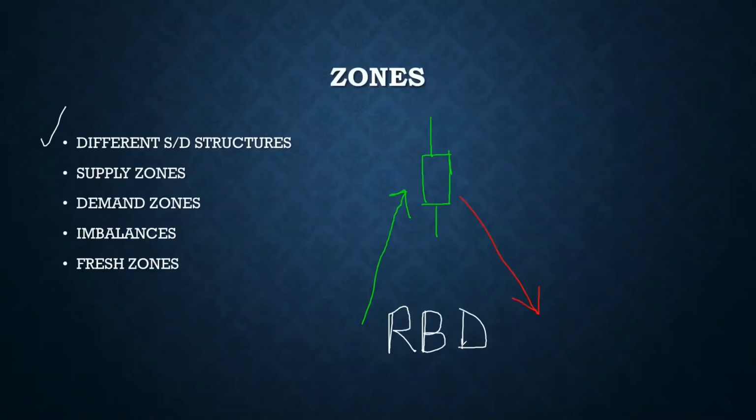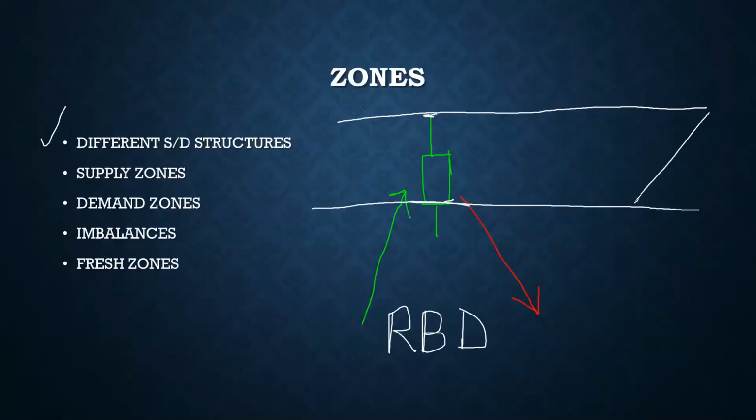So when you're drawing a zone on the rally base drop, what you do is you use this high and the candle open to the swing high, okay? Swing high is basically the candle wick on the top. So that's how I draw my supply zone. All this is my zone. Okay?